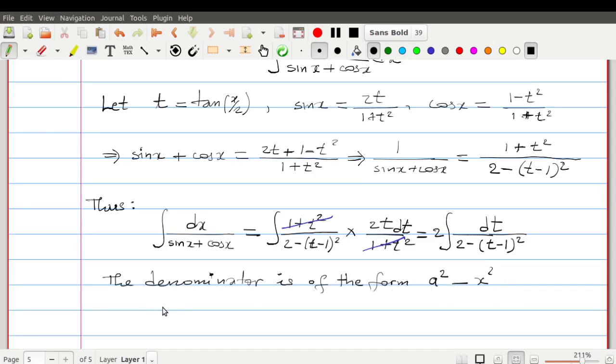So this implies the substitution x equal to a sine u.